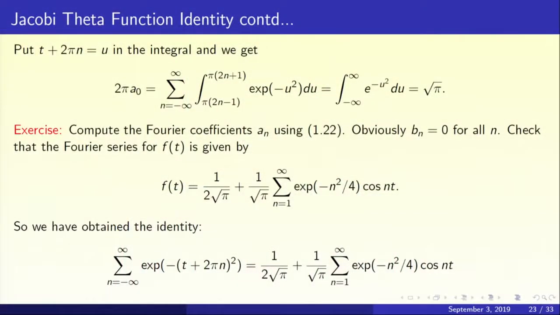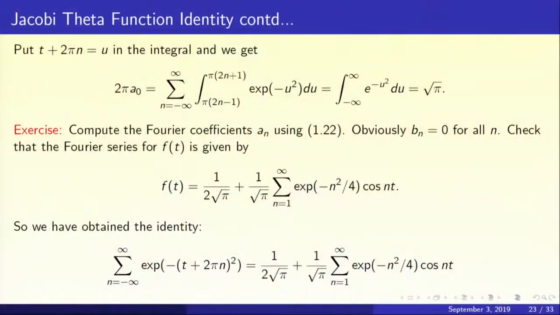And finally, let us write down the Fourier series. F of t equal to 1 upon 2 root pi plus 1 upon root pi summation n from 1 to infinity exponential of minus n squared by 4 cos nt. So that's the Fourier series. But the basic convergence theorem tells you that the Fourier series gives you back the original function.